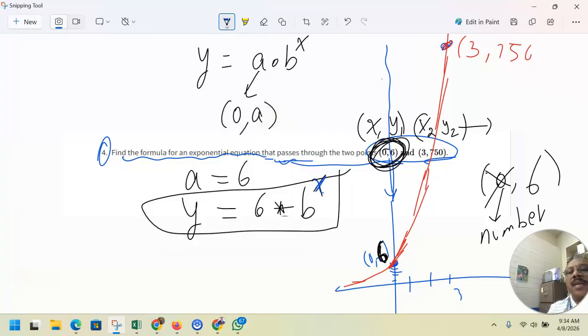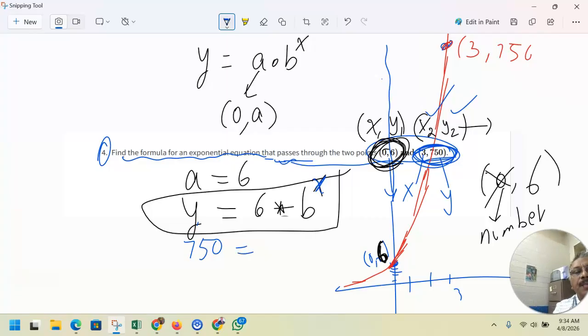Now, our next goal is to figure out what this b is. To find this, we'll use the second point. The second point is x is 3 and this is the y. This is the second point, x2, y2. So y is replaced by 750, and 6 times b raised to x. Then divide by 6 and solve for b. So this 6 and 6 cross out.